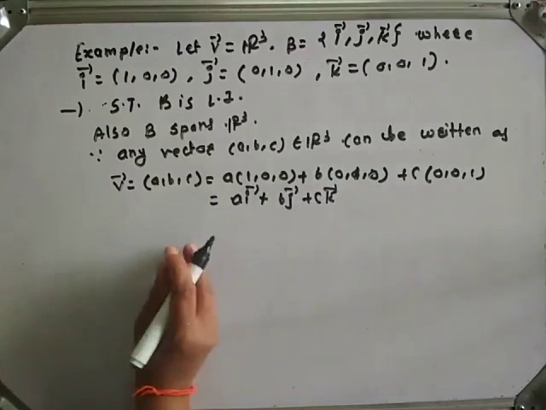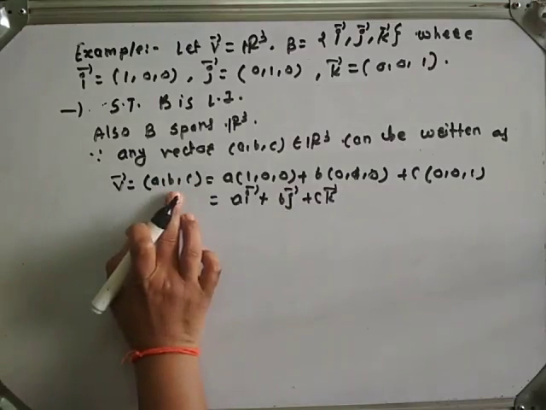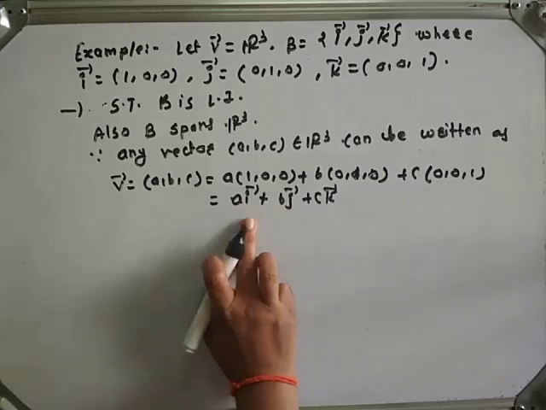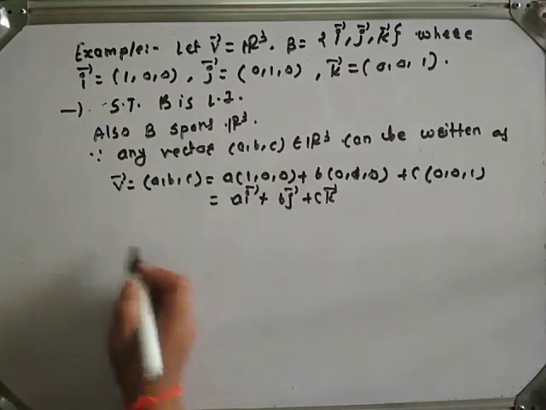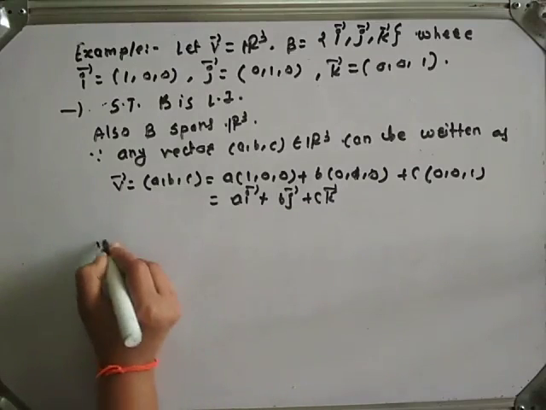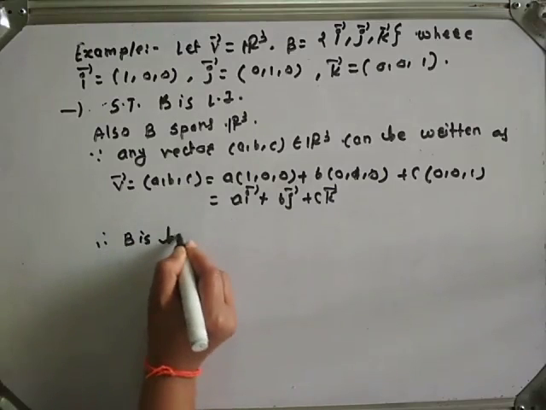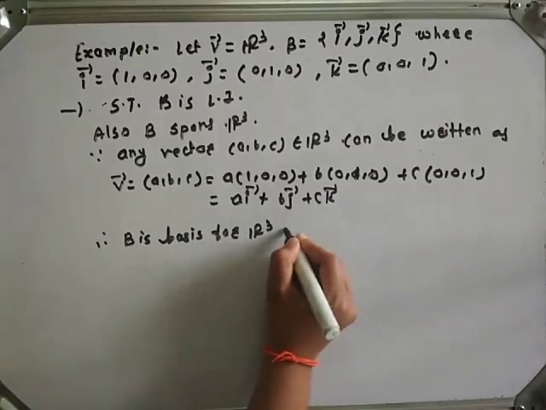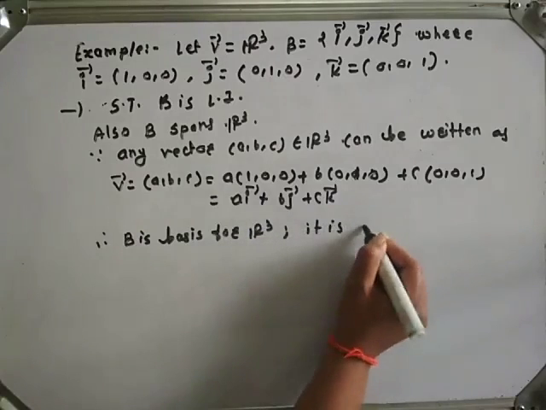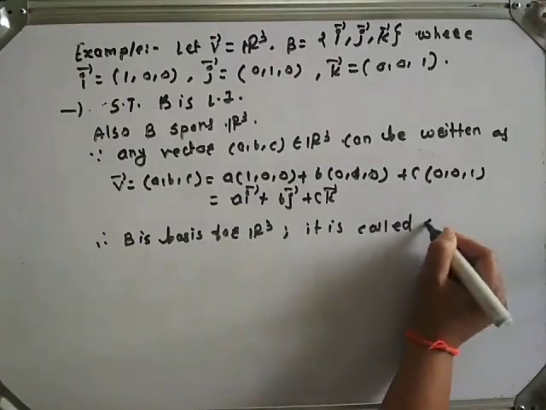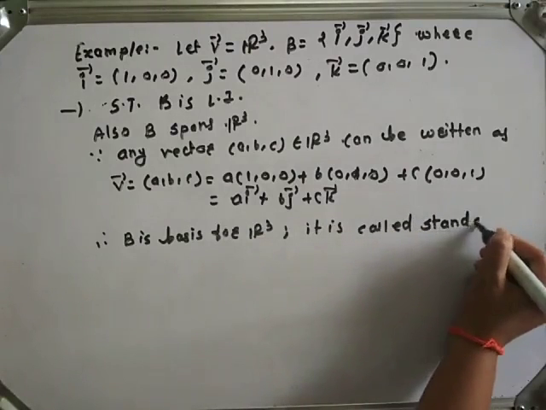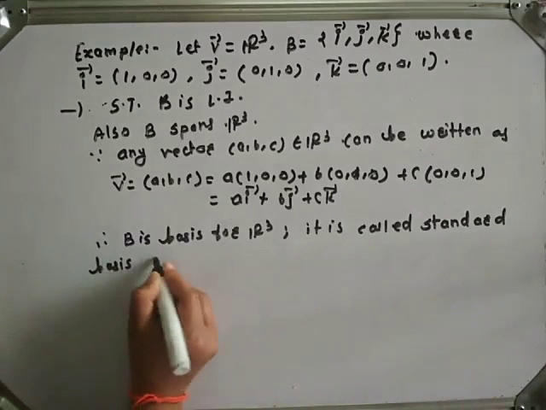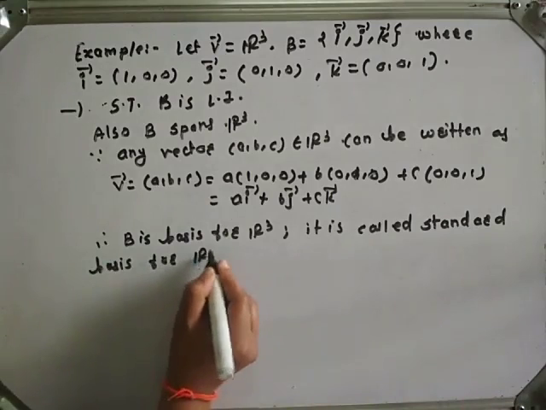Means what? Every vector in R3 can be written as a linear combination of I bar, J bar and K bar. Therefore, this B is a basis for R3. It is called the standard basis for R3.